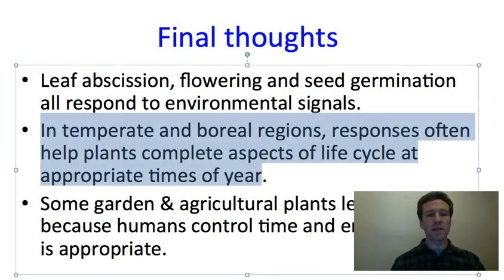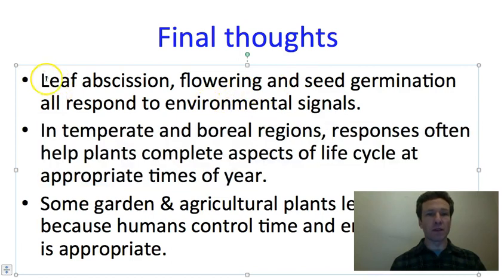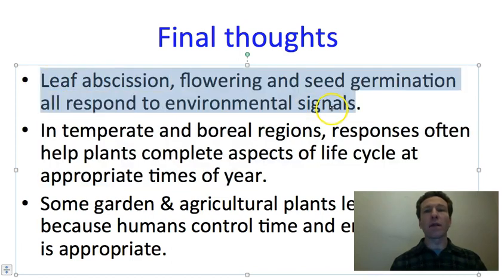We will close this lecture with some final thoughts. First, vernalization, flowering, and seed germination all respond to environmental signals. And they respond to overlapping signals. Both light and temperature can affect all three of these processes.